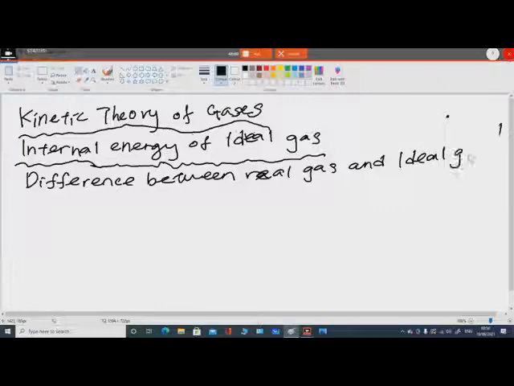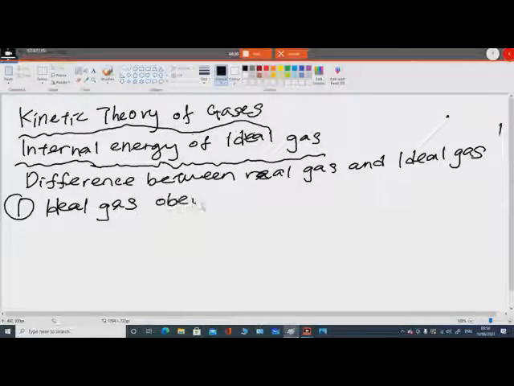As for the first one, as we discussed, the ideal gas obeys all the gas laws, which are Boyle's law, Charles' law, and finally Gay-Lussac's law.